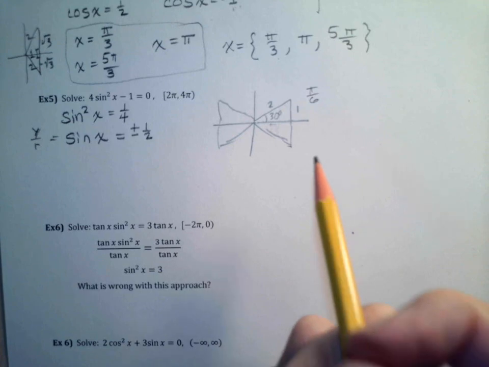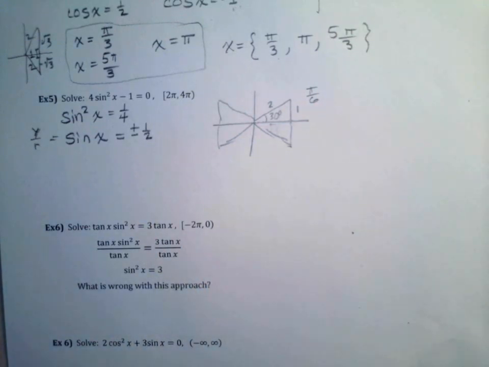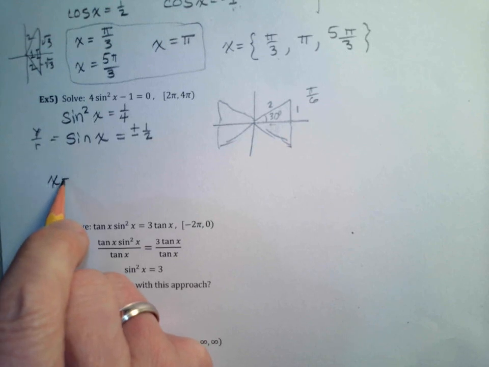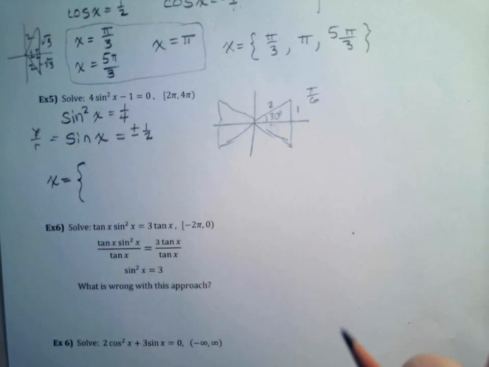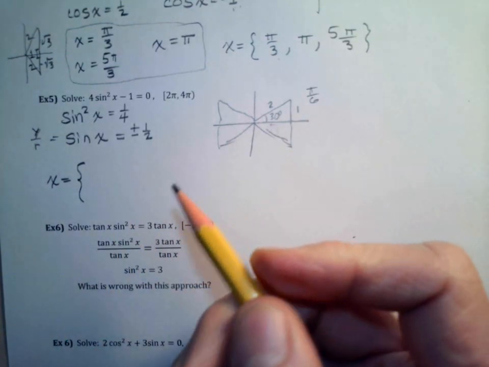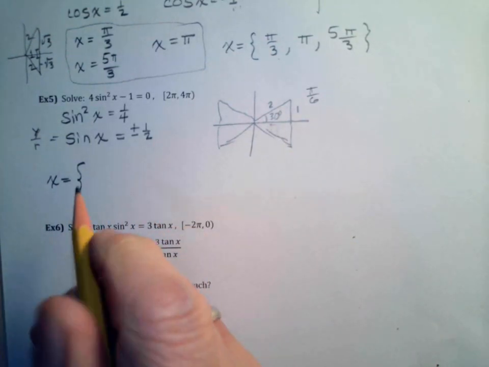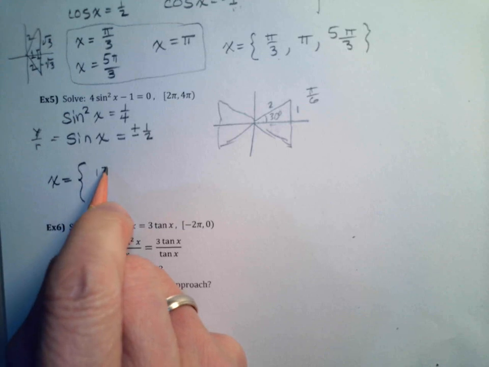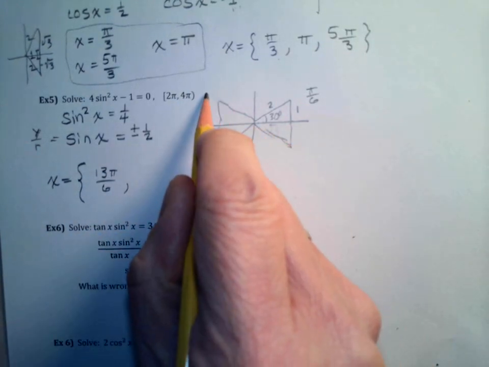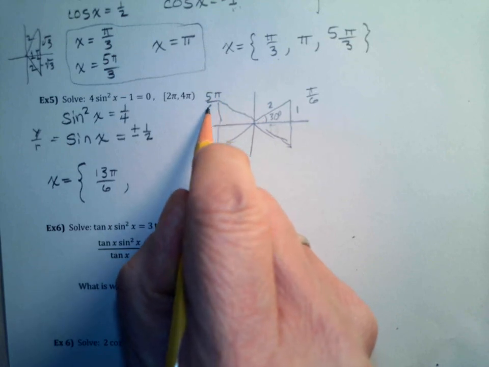So we're going to have to get the coterminal angle that's bigger than that. x would be equal to, we know we're going to have 4 solutions, pi over 6, but we want to add 2 pi to that. So that would be 13 pi over 6. And then this one will be 5 pi over 6.